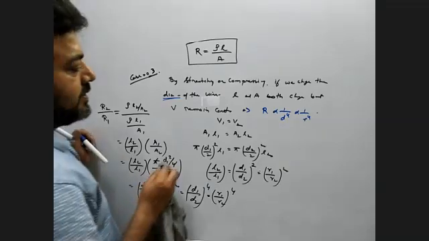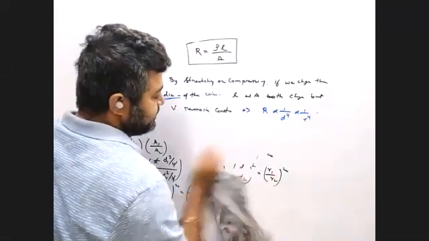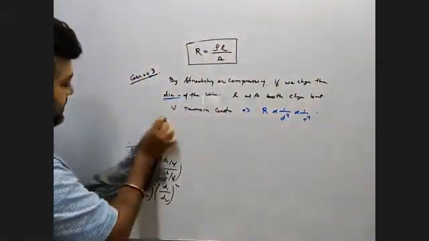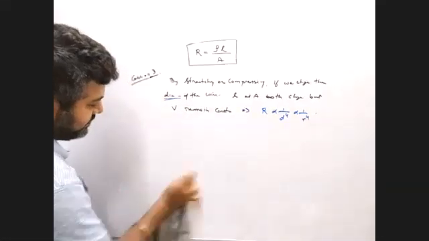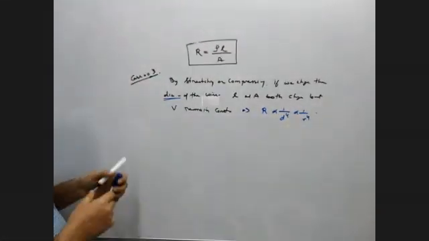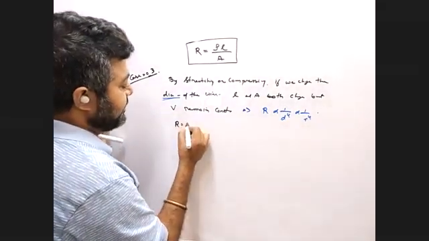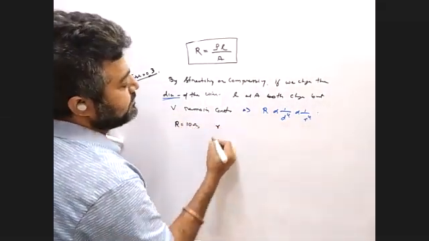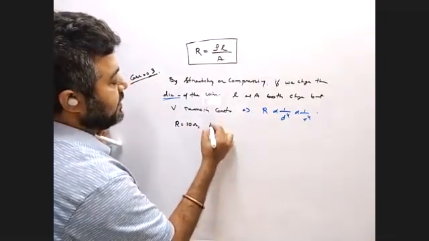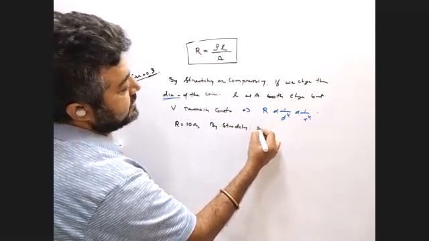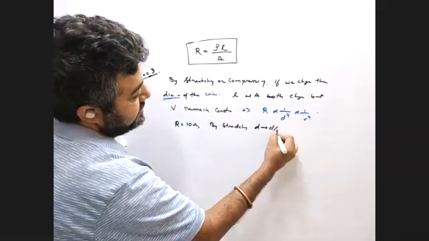Yes, sir. So now the question: a wire of resistance 10 ohm, and by stretching the diameter becomes d by 3.